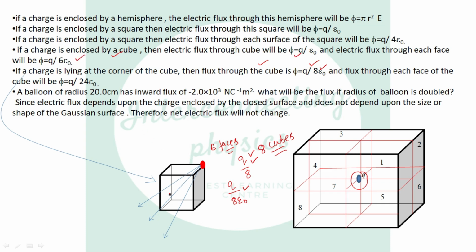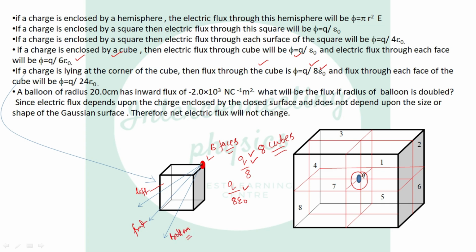But now charge is not enclosed by the cube, charge is present at the corner of the cube. Now we have 6 faces of the cube, and electric field lines will pass perpendicularly through only 3 faces. Let us say the left face, front face, and bottom face.